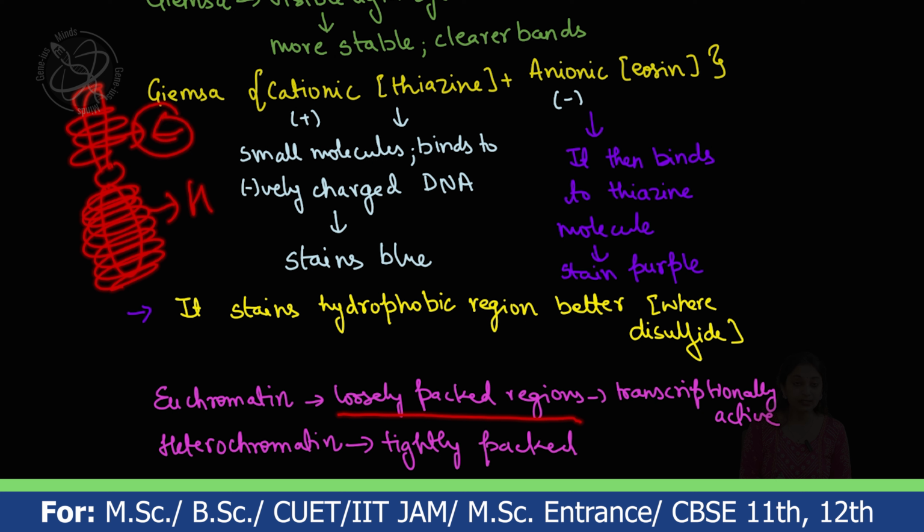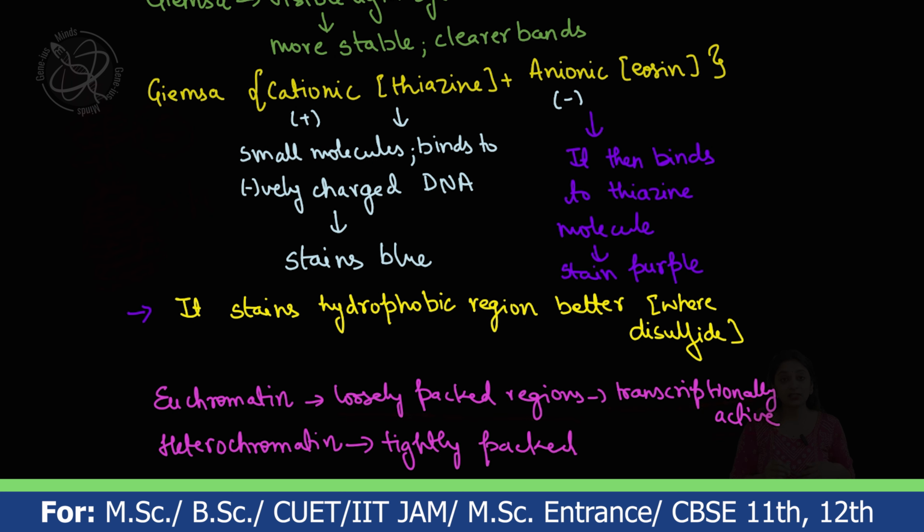The euchromatin region is said to be transcriptionally active, meaning the genes present in these euchromatin regions are actively participating in the synthesis of protein. Whereas the heterochromatin region is a tightly packed, highly coiled region, so the genes are not active. The protein formation cannot take place from the highly coiled region.